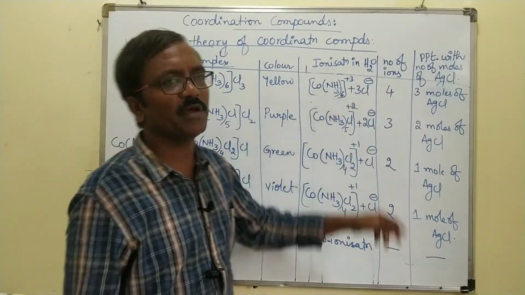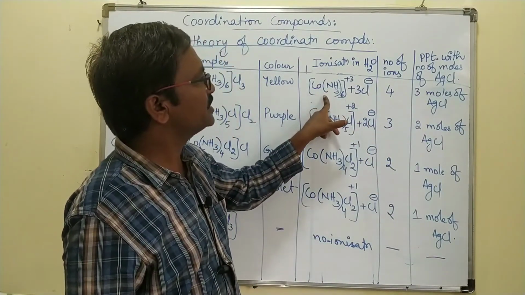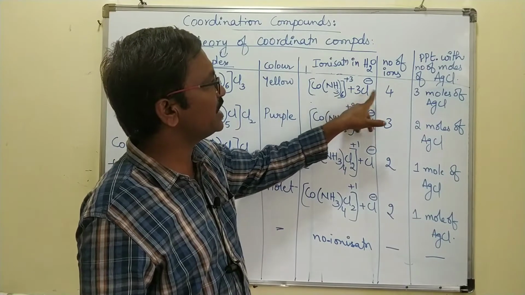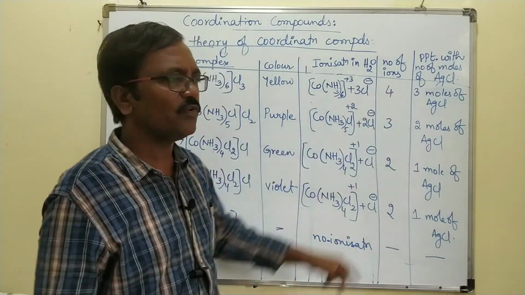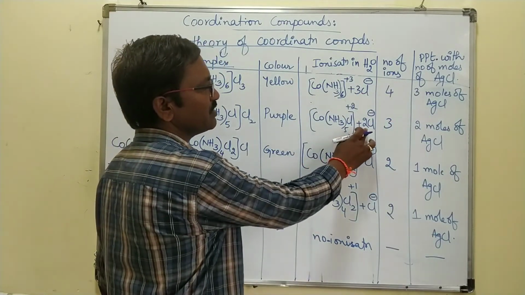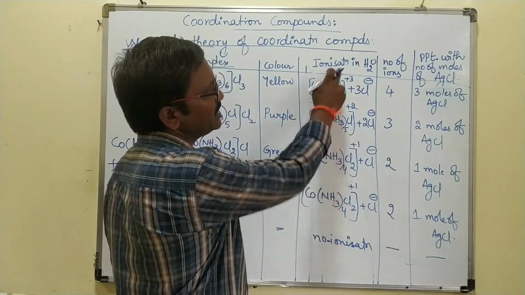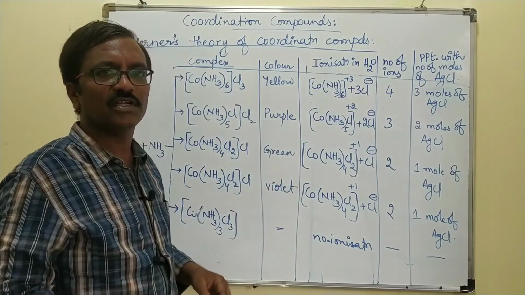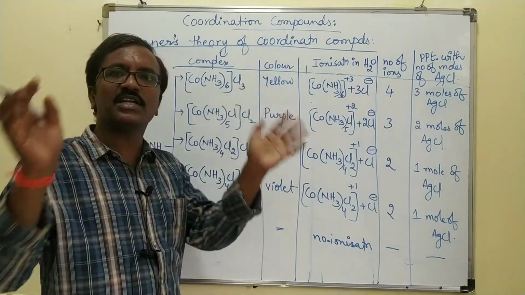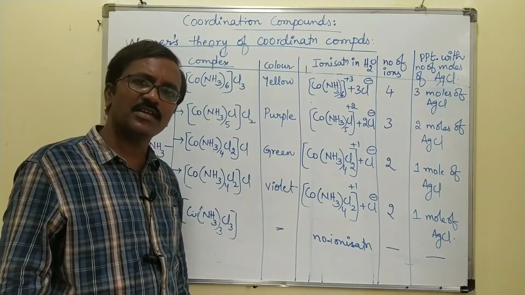So the total number of ions: this one is 1 ion, this one is 3 ions, total number of ions is 4. In this one, it is 1, and 2 chloride ions, that's why it is 3 ions, in water. As I told you in the beginning, the outside of the coordination sphere you can call the ionizable sphere.